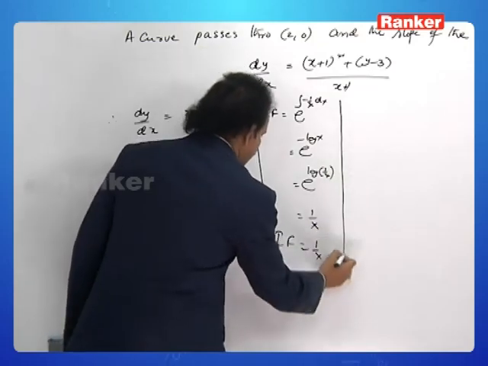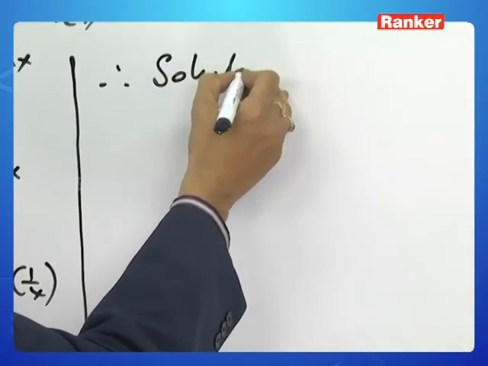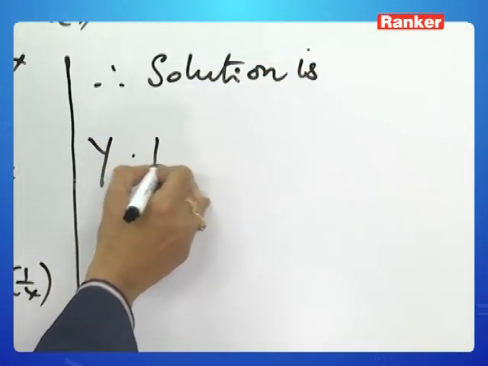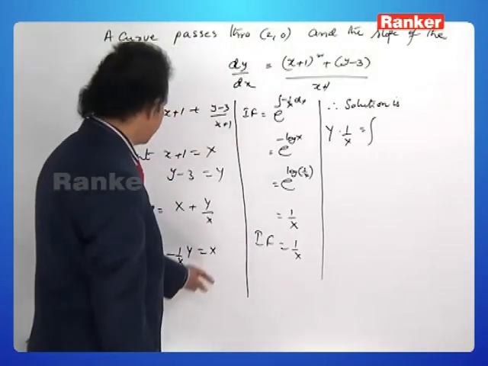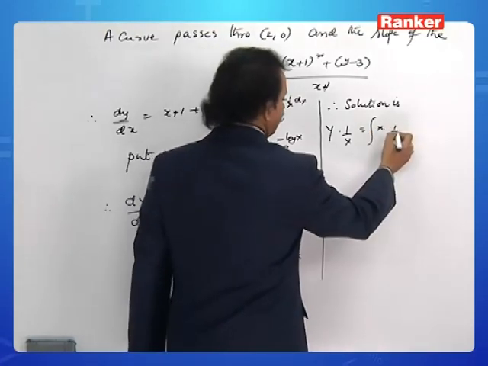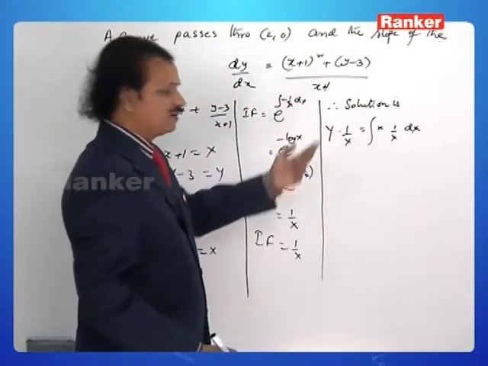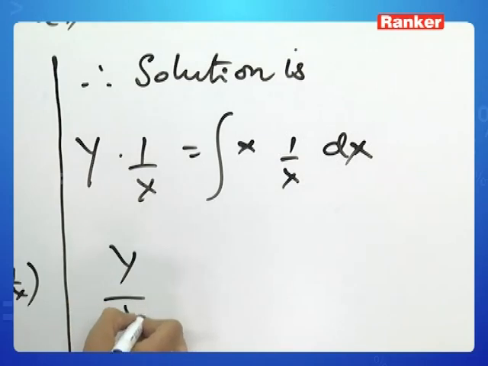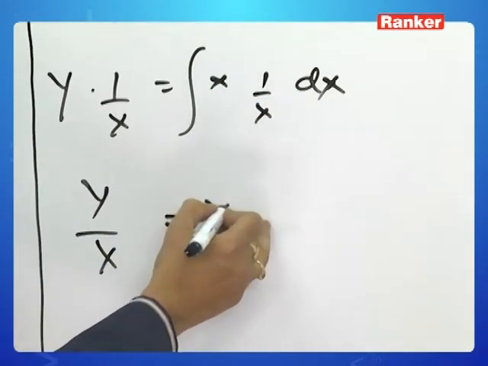Now, what is the solution? Therefore, solution is Y into IF, Y into 1 by X, is equal to the integral of Q times IF. What is Q? Capital X. What is IF? 1 by X dX. X and X will go away, leaving you only 1. Therefore, Y by X is equal to the integral of 1, which is X plus c.